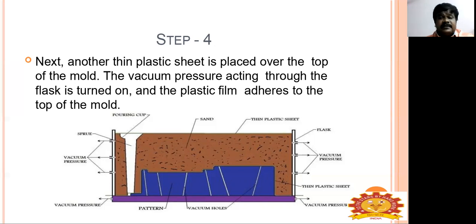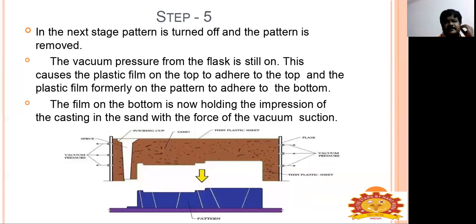And then in the next stage, the pattern vacuum will be turned off, and our pattern we need to remove. Then the vacuum pressure from the flask will be on.